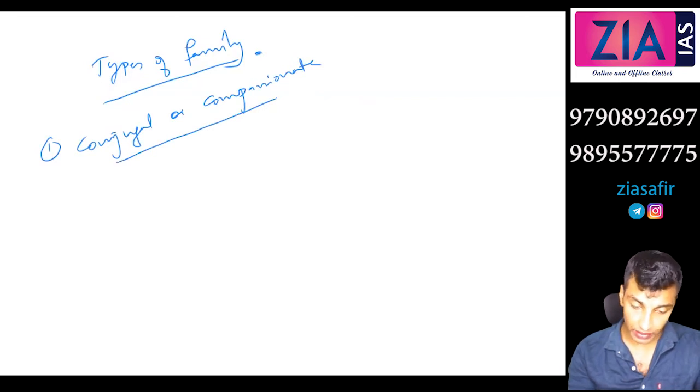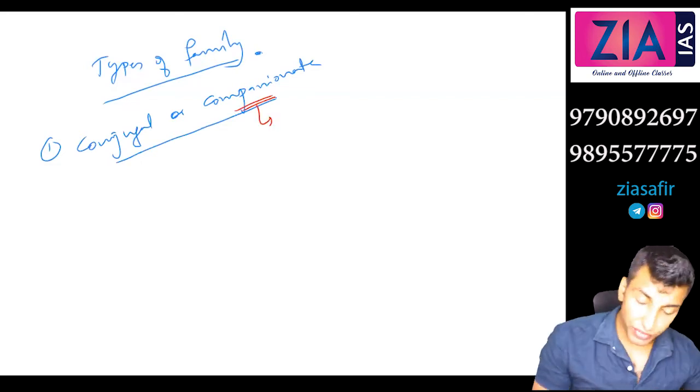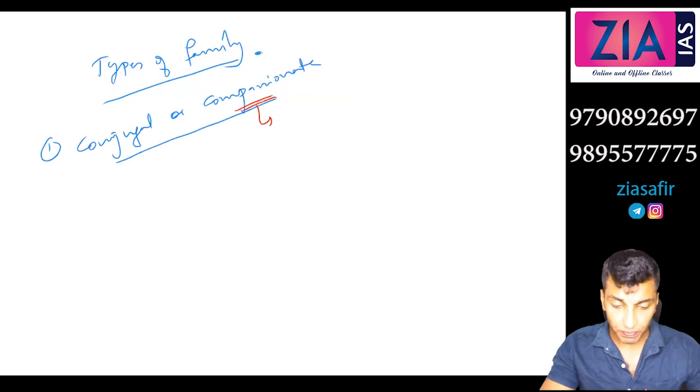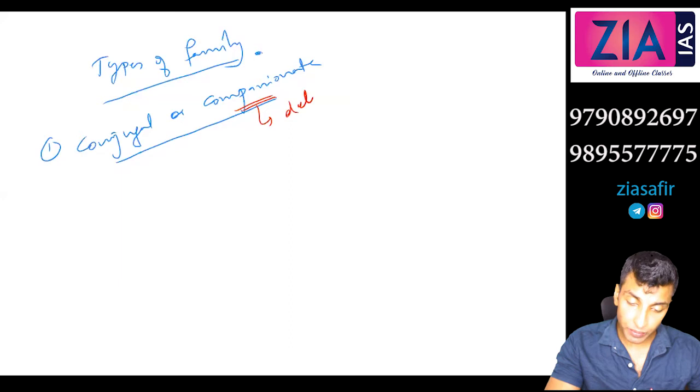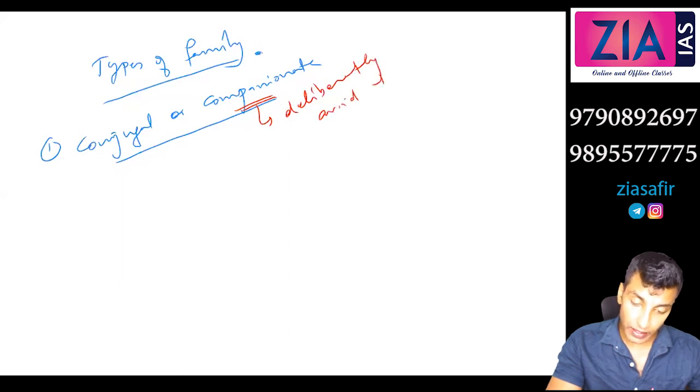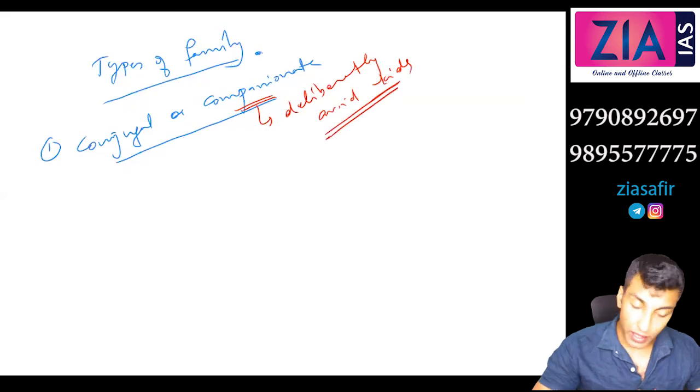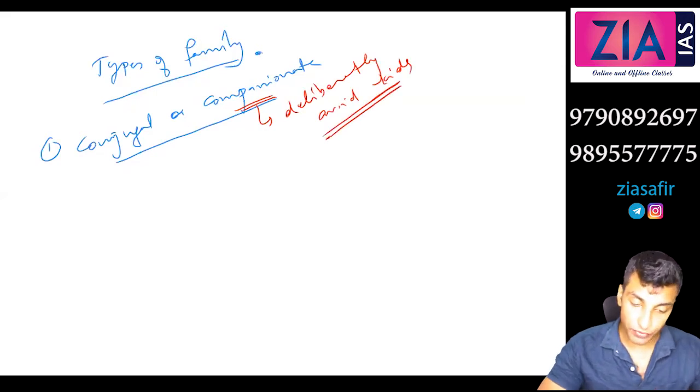Okay, so here you can see from this word itself, companionate means it's like a friend, right? So husband and wife deliberately avoid kids. They live their own life, they just enjoy life and they don't care about the kids. So it is like double income and no kids family.